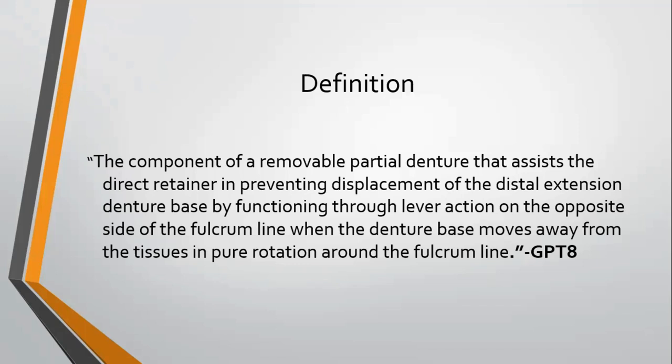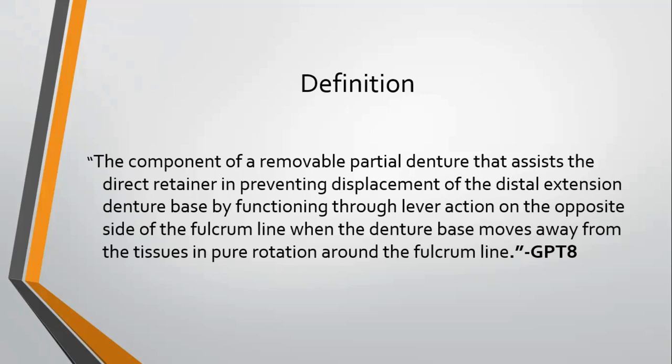That is why the definition says it functions through lever action on the opposite side of the fulcrum line. When a lever principle is applied, we expect a fulcrum, and this is the fulcrum line around which the denture will be moving, when the denture moves away from the tissue in pure rotation around the fulcrum line.